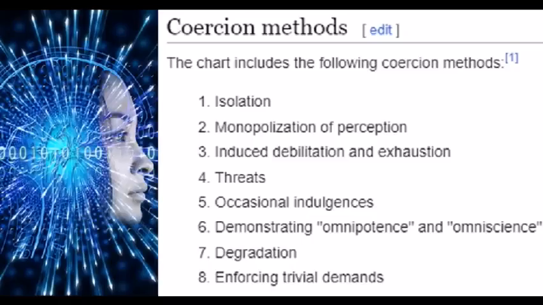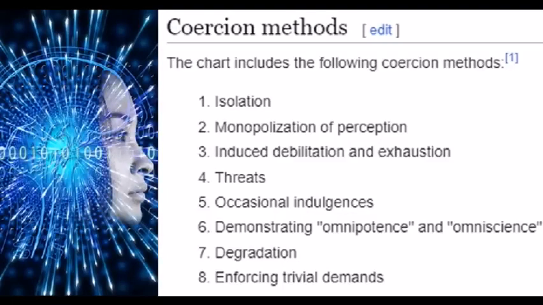And the points 1, 4 and 6, for 1 isolation, 4 threats and 6 demonstrating omnipotence, are the head points, of which the sub-points 2, 3, 5, 7 and 8 are the consequences, like 2, monopolization of perception, 3, induced debilitation and exhaustion, 5, occasional indulgences, and 7, degradation and humiliation, and 8, enforcing trivial demands.